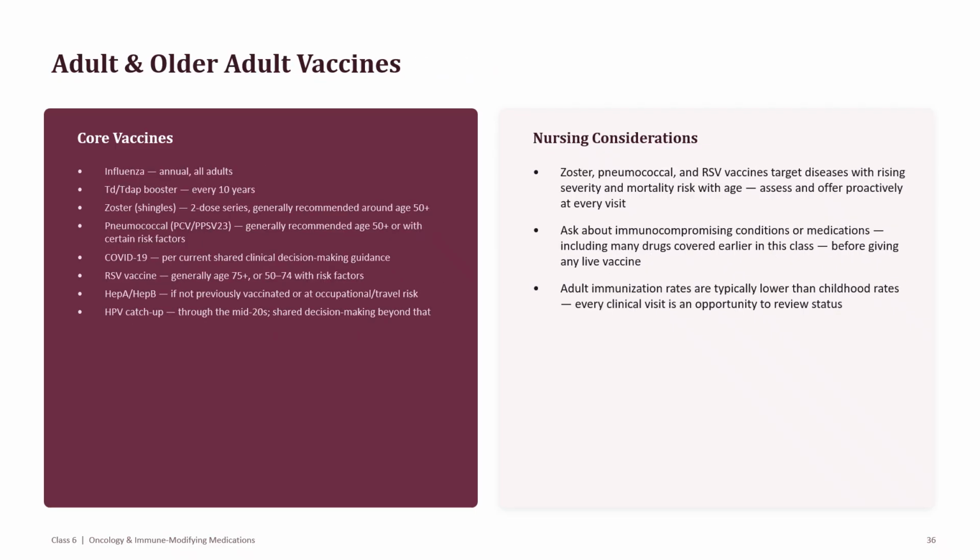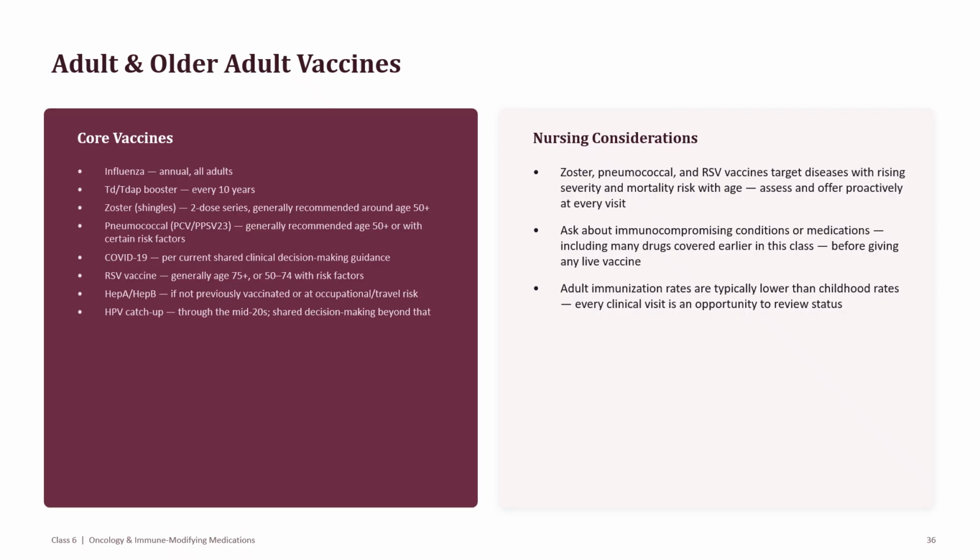So this slide on the adult and older adult vaccines is where the whole lecture comes full circle. The zoster, pneumococcal, and RSV vaccines all target diseases that get more dangerous specifically as people age. That's why they're age triggered rather than given to everyone at once.